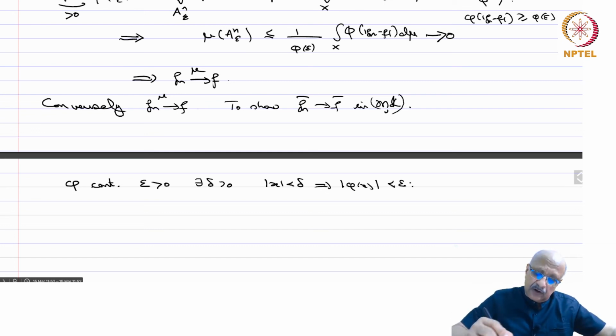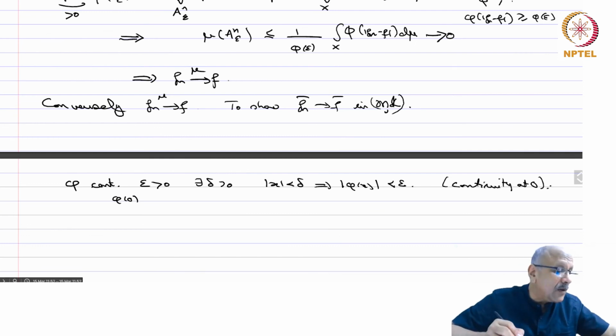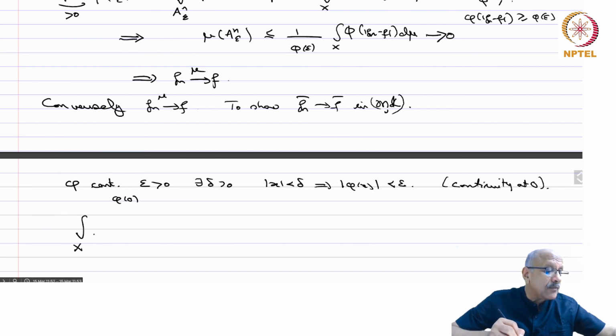Because it's continuous at 0 and phi of 0 is 0, we are using continuity at 0. Now let us take the integral over X of phi of mod f_n minus f d mu.